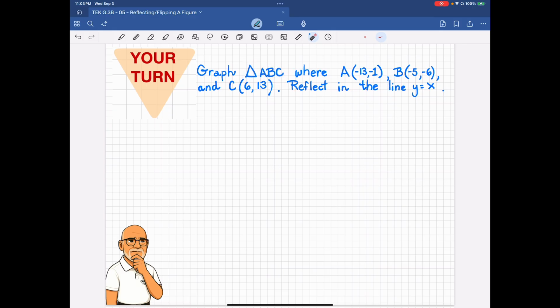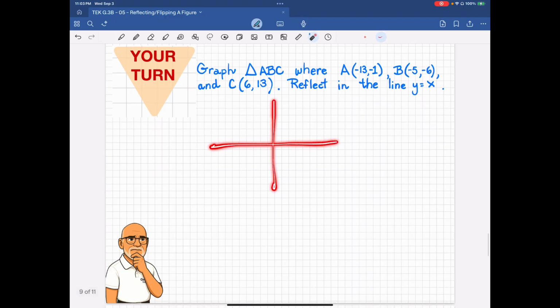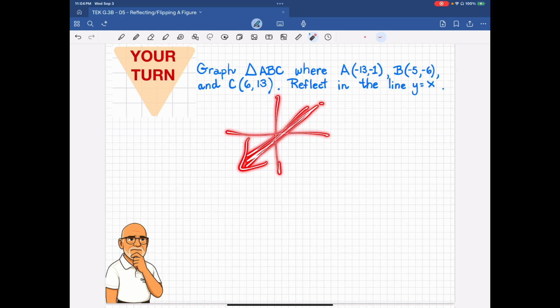Remember where y equals x is. If this is our coordinate plane, y equals x cuts right in between quadrant 1 and quadrant 3. This is the y equals x line. So you're going to reflect it on this line right here.